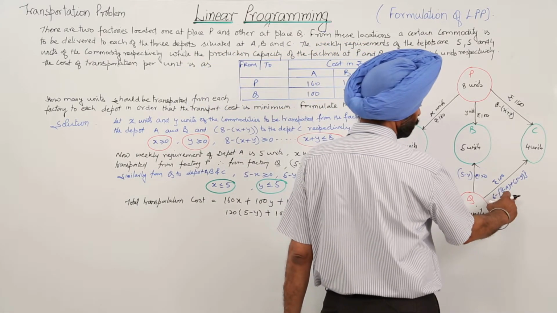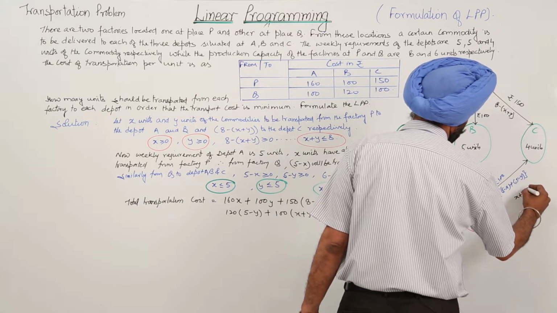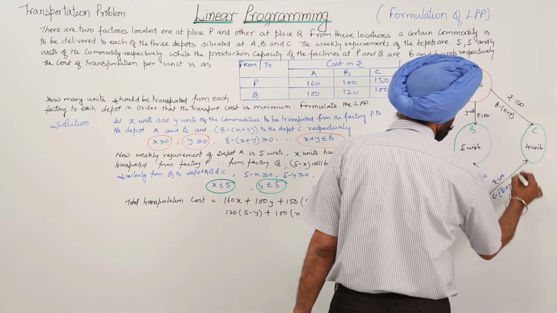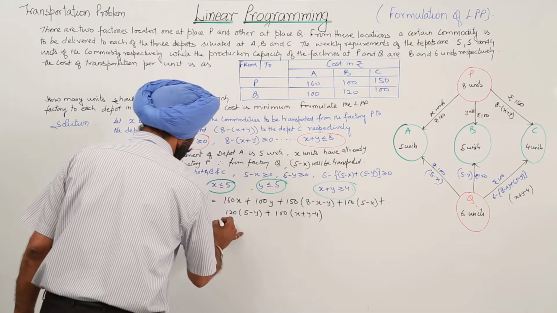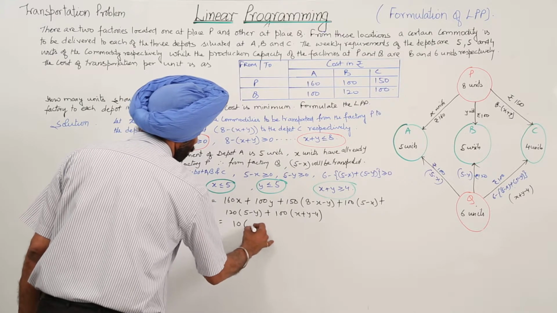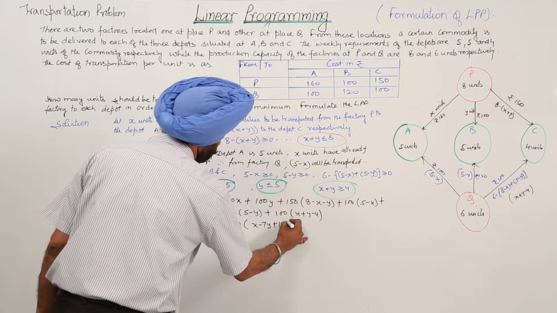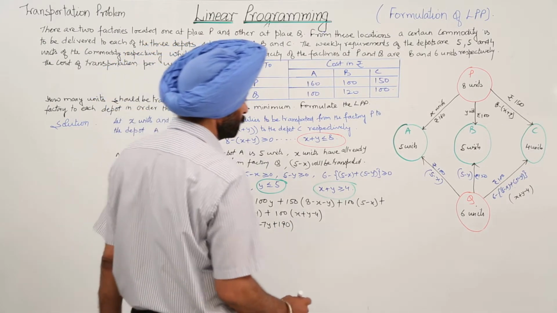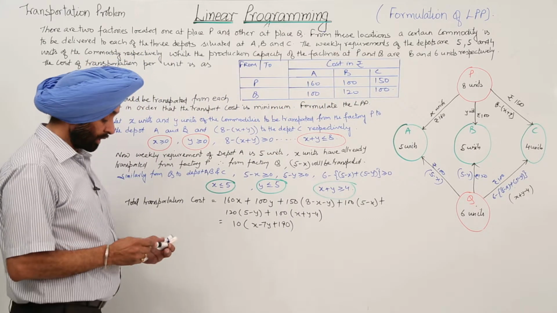When we solve this part, we get X plus Y minus 4 here. On solving, we get Z equal to 10X minus 7Y plus 190.